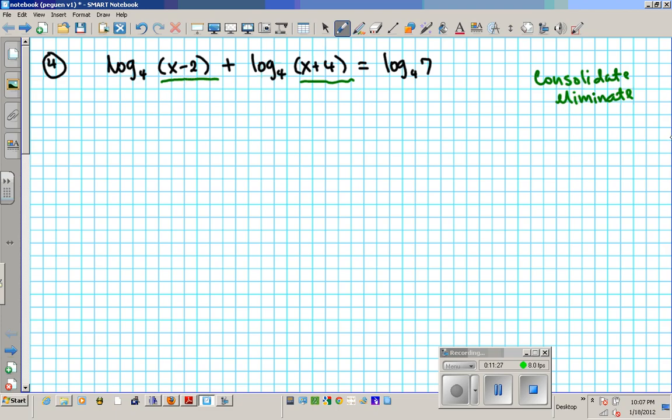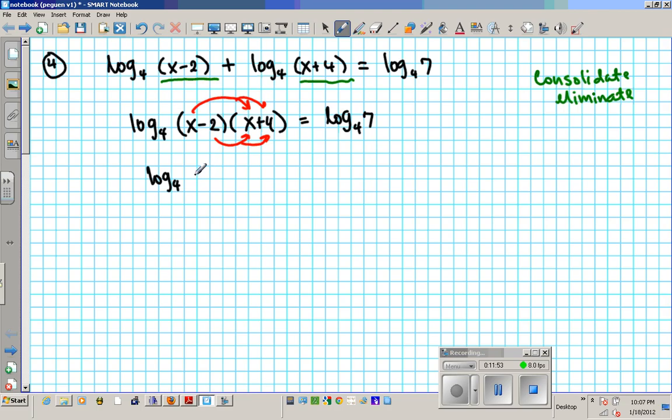So you're going to write log base 4 of x minus 2 times x plus 4, and then log base 4 of 7. Alright? So we're going to distribute and then simplify. Alright, so let's go ahead and do that. So x times x and x times 4, and then negative 2 times x and negative 2 times 4. Okay? So we're going to have log base 4.